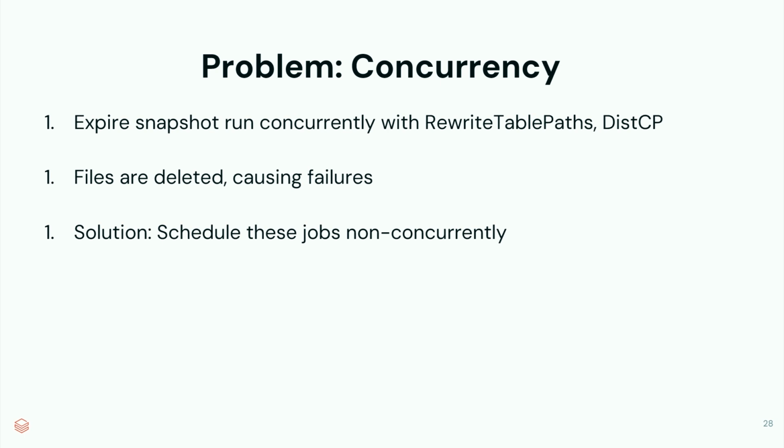That gives us 2 benefits. First, it will avoid any runtime surprise, as the files that are supposed to be rewritten or copied will always be there. The second part is that if we expire snapshots ahead of time, that actually reduces the number of files we need to copy over. So that also saves on I/O.